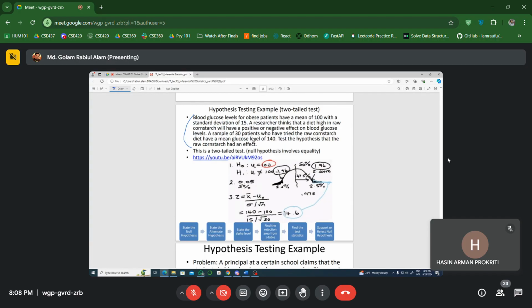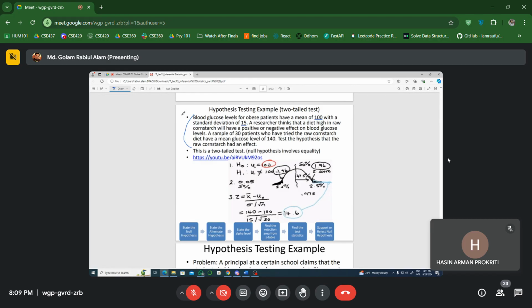Blood glucose level for obese patients has a mean of 100 with a standard deviation of 15. So this is the global thought, or the common observation, that the mean is 100.